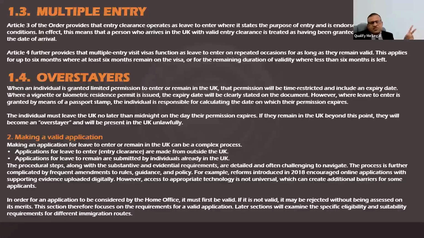There are two types of guidelines you will find on the Home Office web page. The first is guidelines for the caseworker, and the second is guidelines for the applicant.